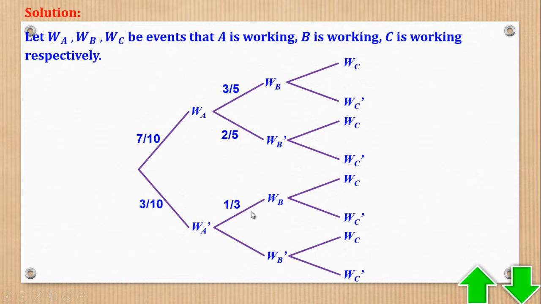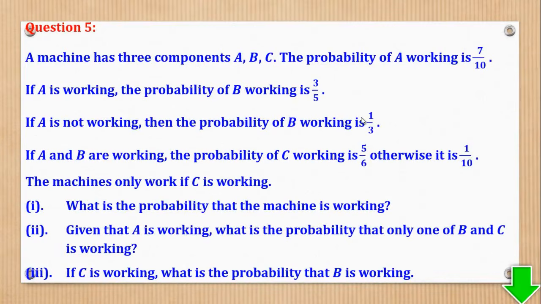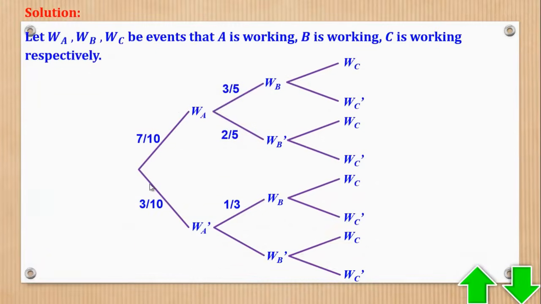So next is this 1 over 3. Let's see where it came from. They told us that if A is not working, then the probability of B working is 1 over 3. So A is not working, this is WA complement. The probability of B working is 1 over 3. And this complement will be put here, which is 2 over 3.